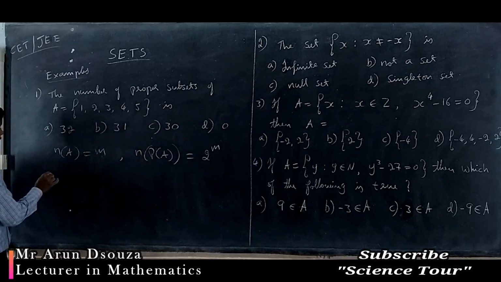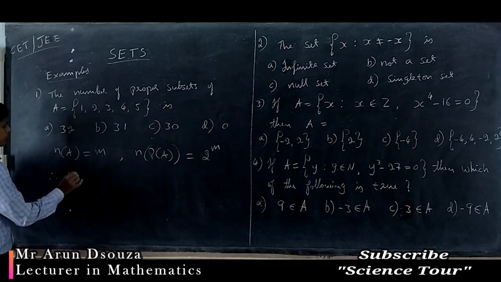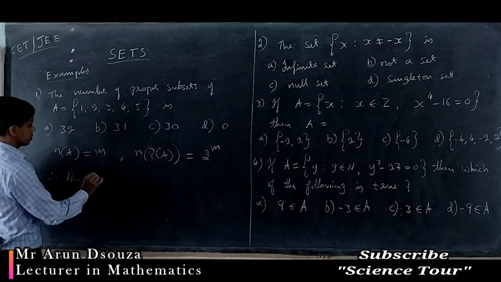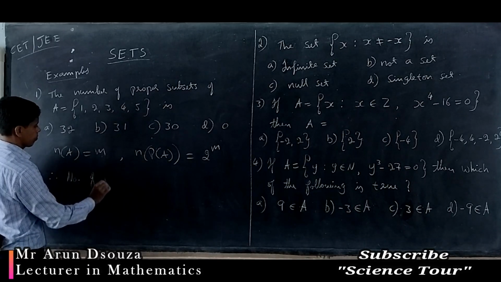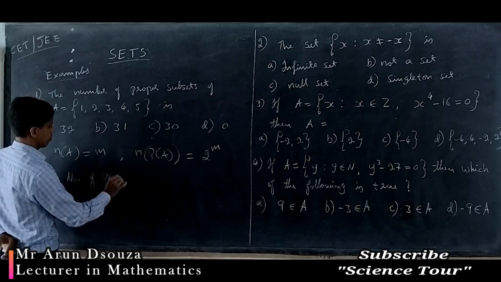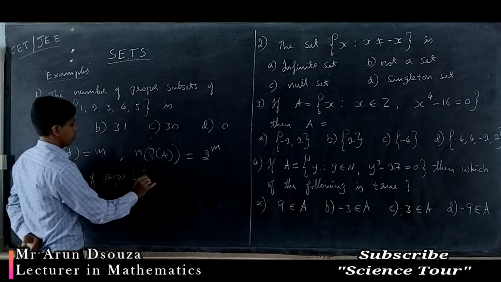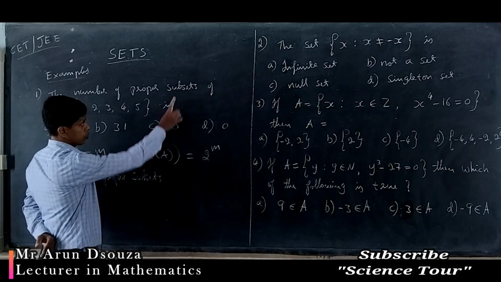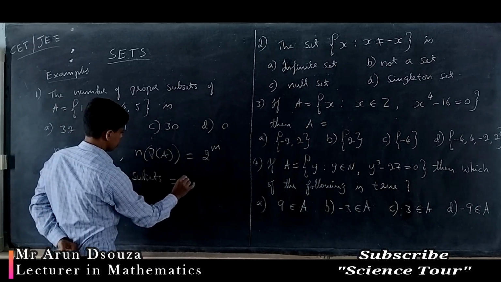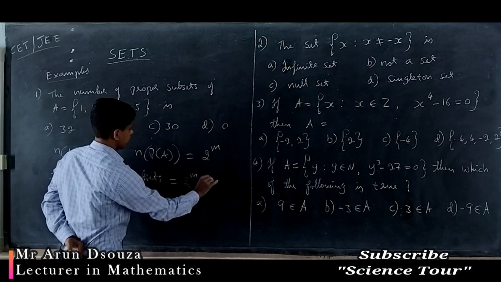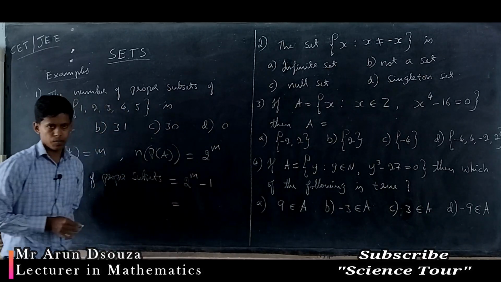Well, so therefore the number of proper subsets is equal to 2 to the power m minus 1. That's the formula.